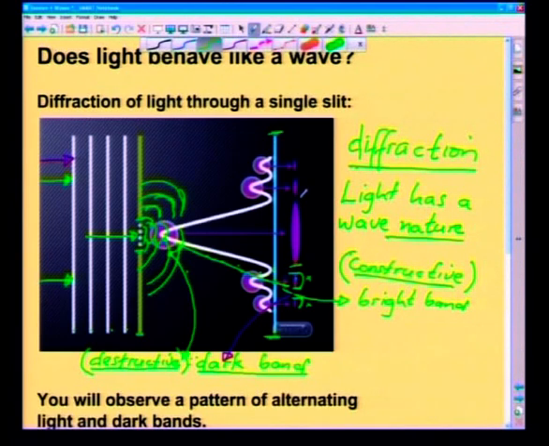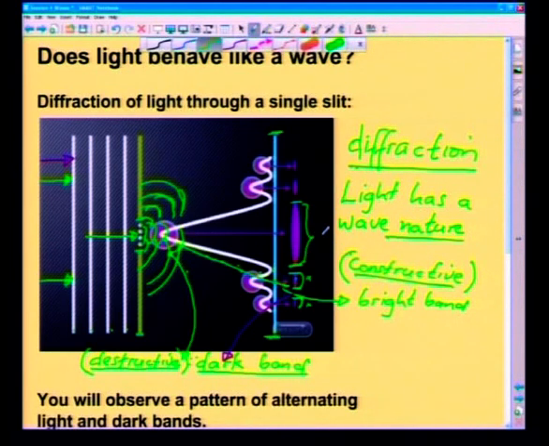But look at that central one. That's our central bright band, and it is the brightest of them all. That means that we have got bigger crests meeting there together and reinforcing each other more, and we have got a much brighter band there.